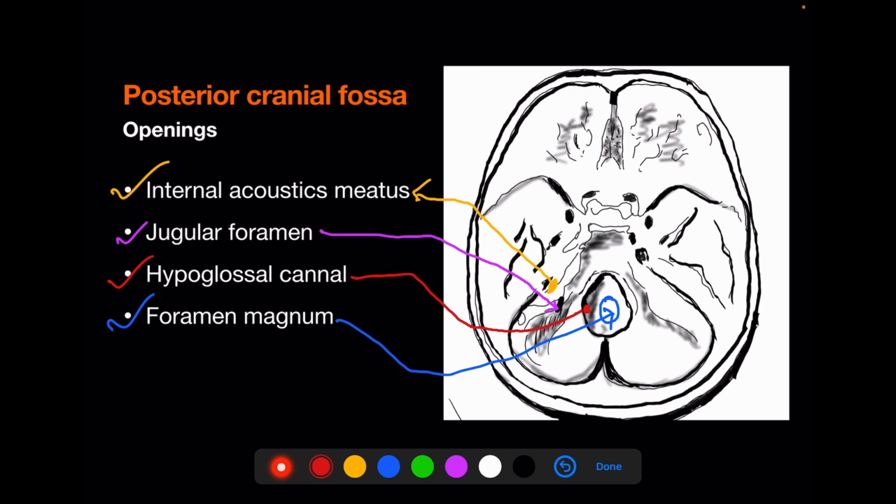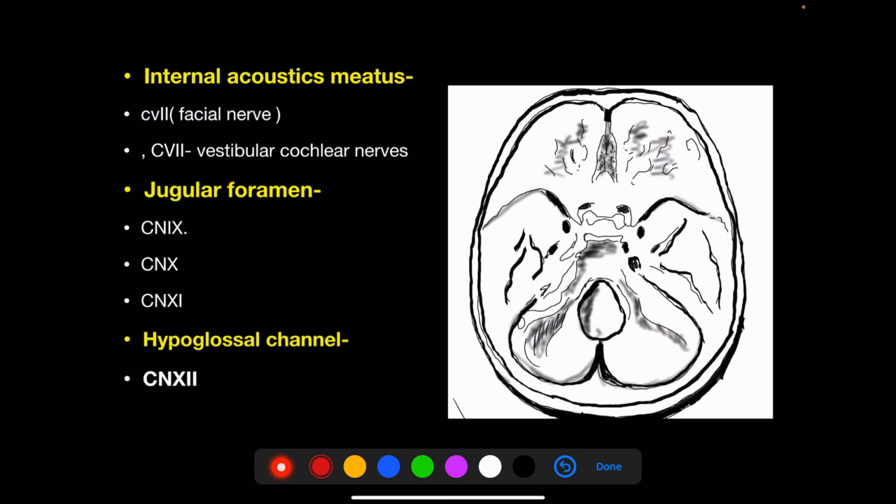Now we'll discuss their transmission of artery or nerve. First one, that is internal acoustic meatus, which transmits facial nerve, that is cranial nerve 7, and the second one, that is cranial nerve 8, which is vestibulocochlear nerve.